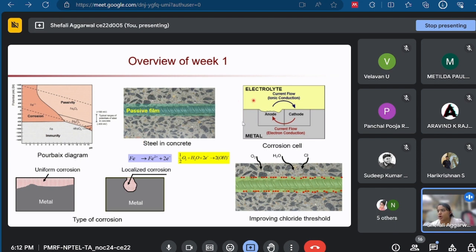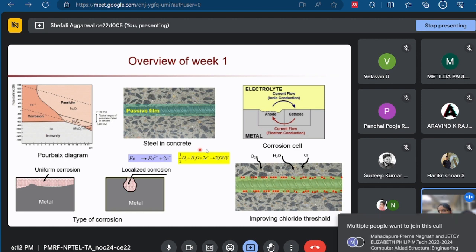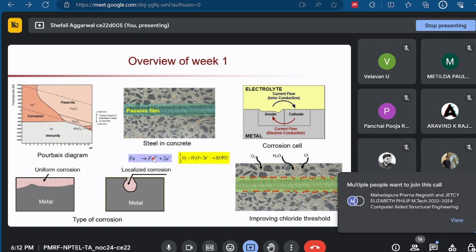And in the normal corrosion cell, corrosion happens on the steel surface itself, forming an anode and a cathode. There is an ionic conduction current flowing from anode to cathode. Iron is converting to iron ions, releasing some electrons.